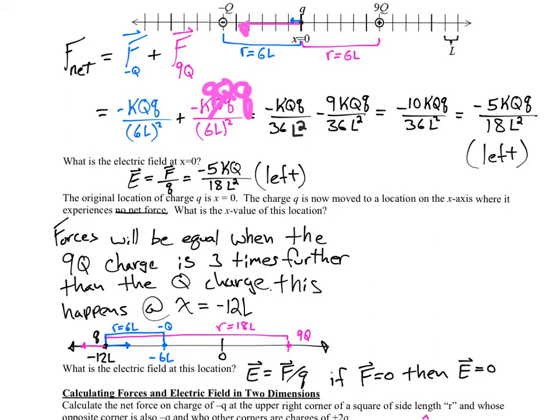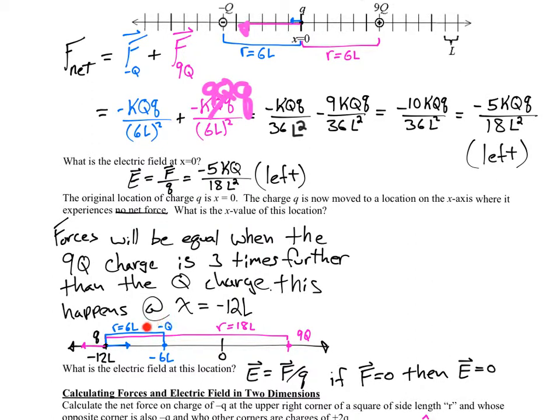We have a negative q here, and that's going to provide an attractive force. And this positive 9q provides a repulsive force. So that means that if our charge q were anywhere in here, it would be getting pushed to the left from the 9q, and it would be getting pulled to the left from the negative q.